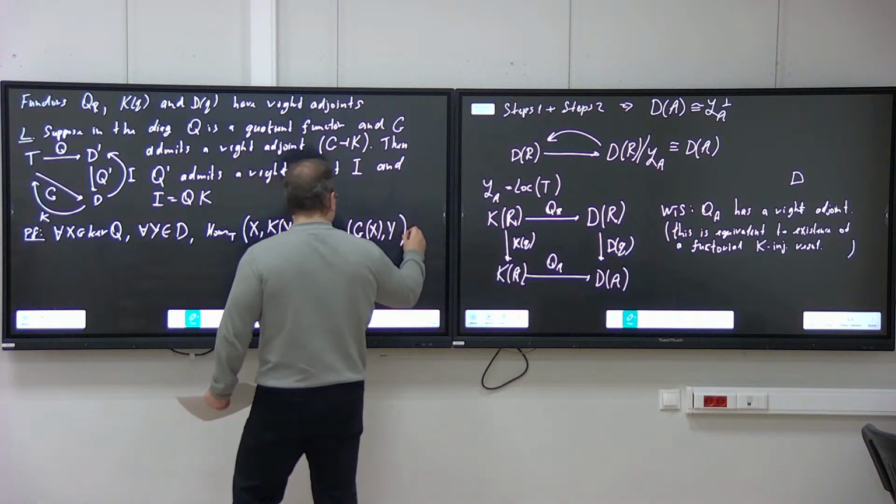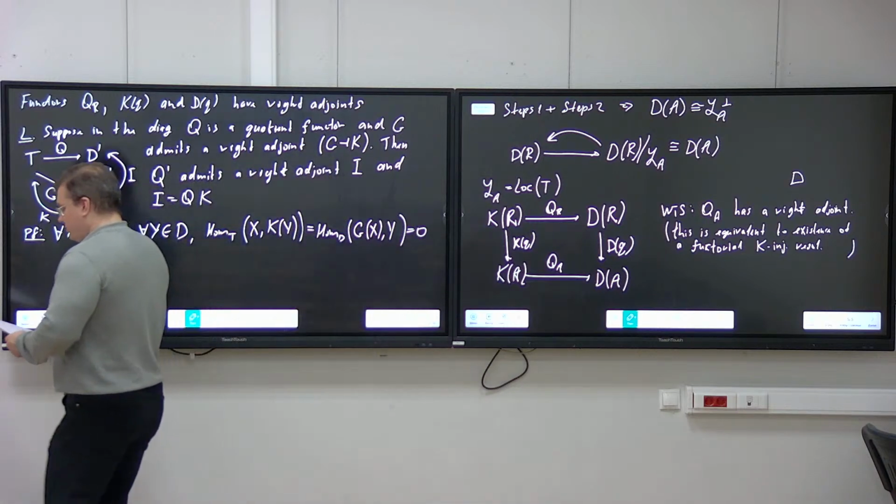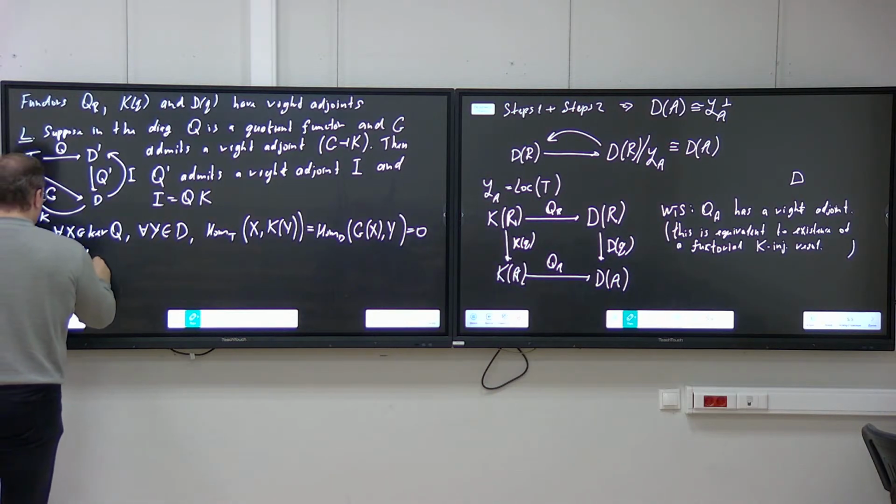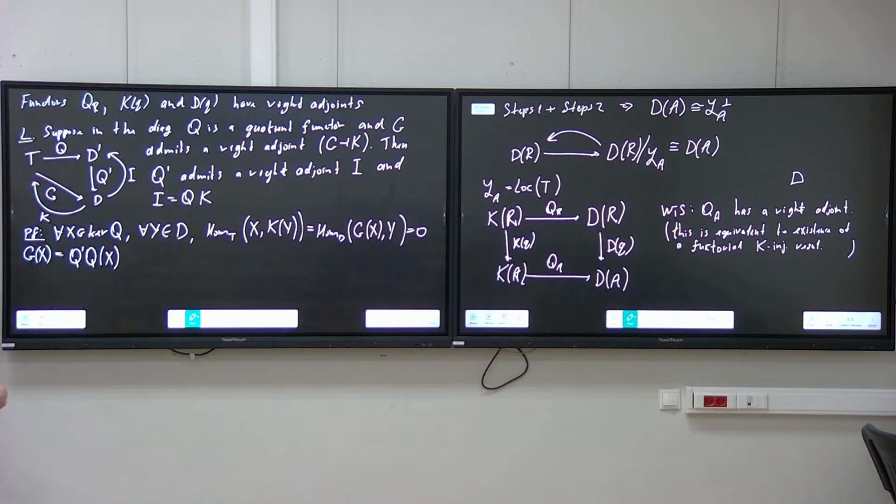But this is 0, right? This is because if I want to compute G of x from the diagram, I can see this is the same as Q prime Q that I compute on x, but x is in the kernel of Q, so that's 0.